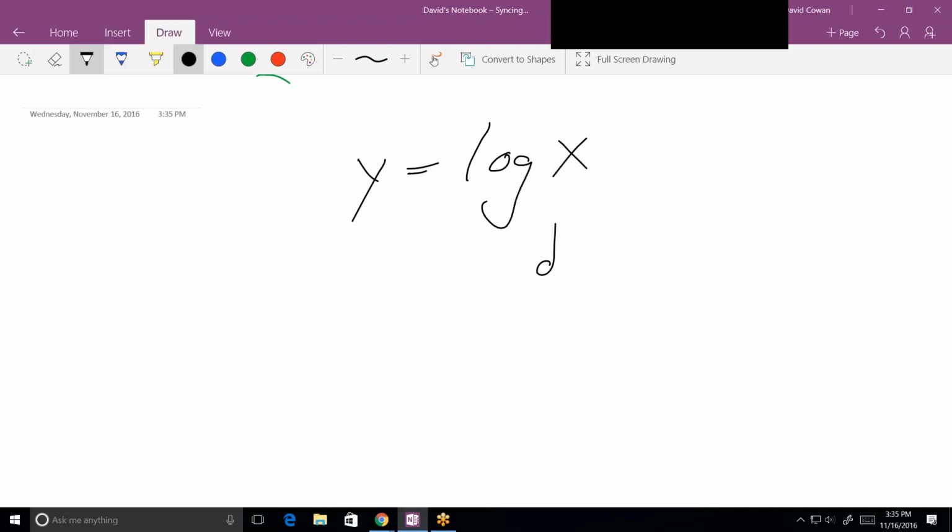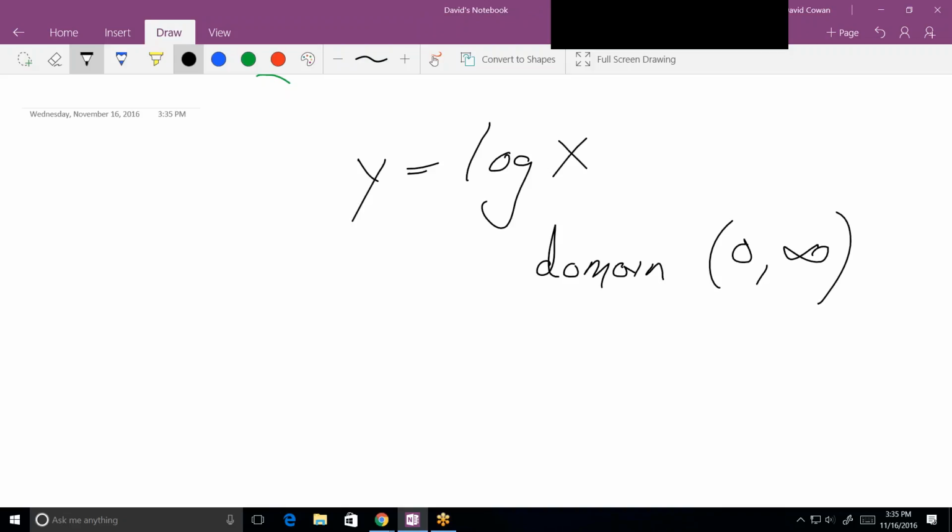What's the domain of this function? Negative infinity to infinity. No, you cannot take the log of negative numbers. Okay. You cannot even take the log of 0. So the domain is from 0 to infinity, but 0 with a parentheses, not a bracket.